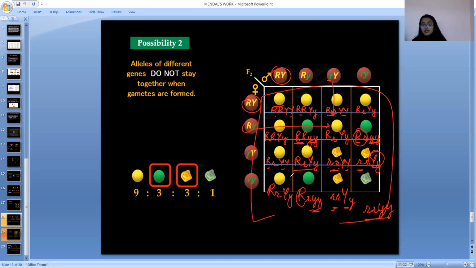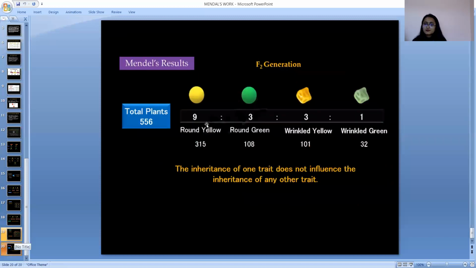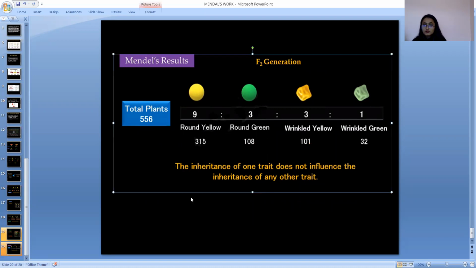इसका मतलब हर एक जीन एक दूसरे से इंडिपेंडेंट है. They are not depending on each other when they are making gametes. This law is known as law of independent assortment. So total plants 556 बनेंगे, जिसमें से 9:3:3:1 होता है.